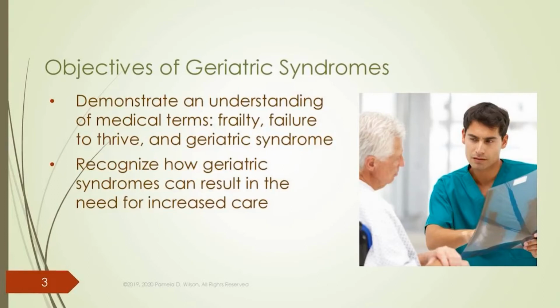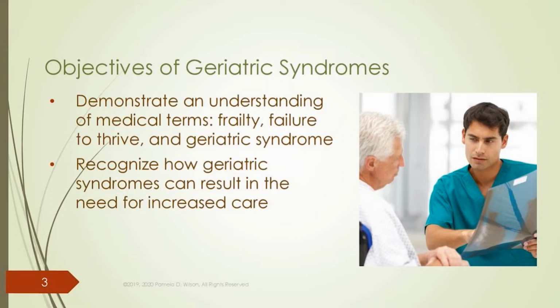Let's talk about the objectives for geriatric syndromes. At the end of geriatric syndromes, you should be able to demonstrate an understanding of the medical terms: frailty, failure to thrive, and geriatric syndrome, because you may hear these. Doctors that your elderly parents may see may talk about this to you without really giving you a thorough explanation.